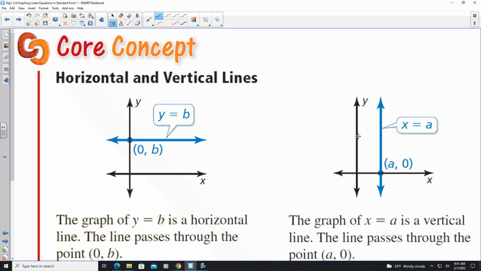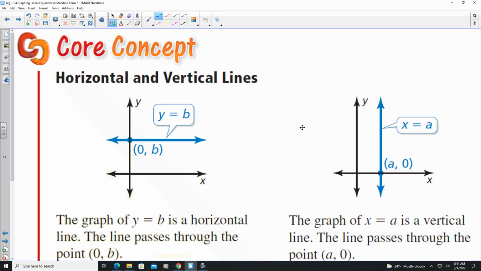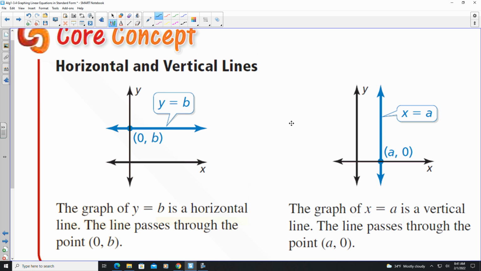One of the first things that we're going to look at, especially in standard form, is being able to identify horizontal and vertical lines. Horizontal and vertical lines are, again, linear equations, but what we have to take into account is there is only going to be one variable in the equation.